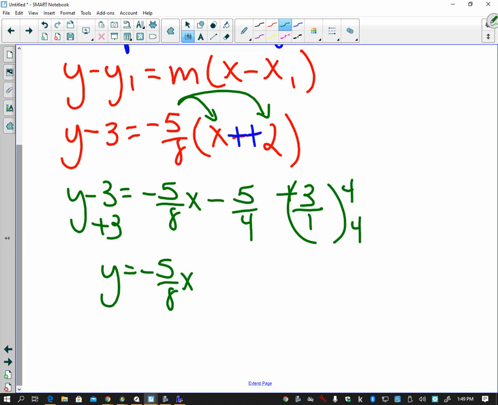Okay, so I have negative 5/4 plus what? What's 3 times 4? 12/4. All right, so what's negative 5 plus 12? What's 12 minus 5? 7. So it'll be 7/4, right? So negative 5/8 x plus 7/4.